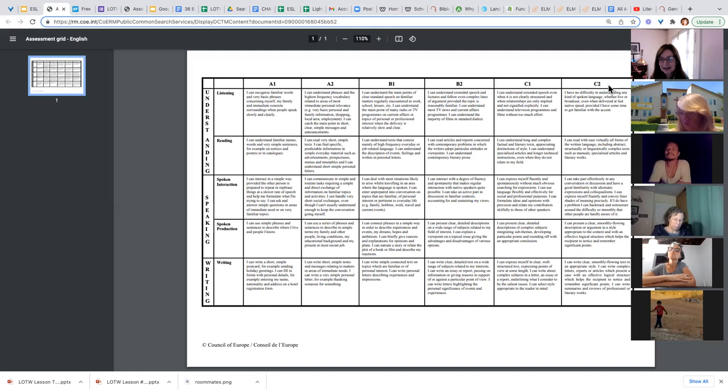That's the highest level. And with our Light of the World materials, we use these European Council levels for our levels. So many of you are already using our A1 level, which is beginning. And with a beginning level, these descriptors tell us what students should be able to do at each level.